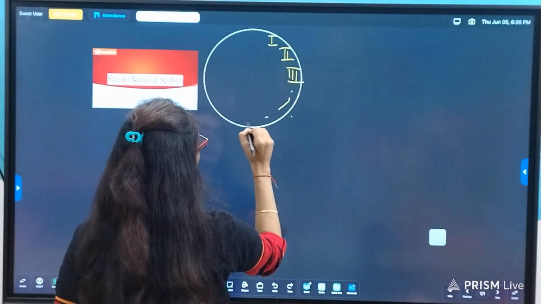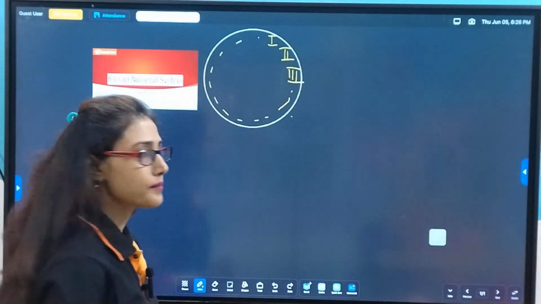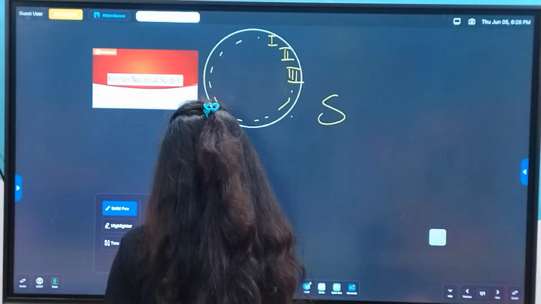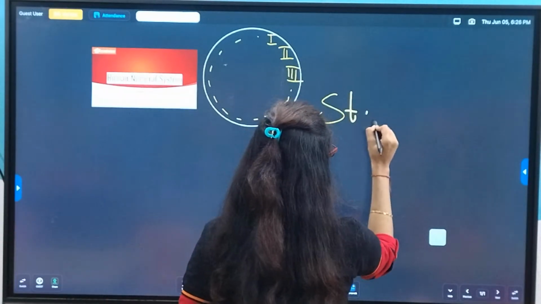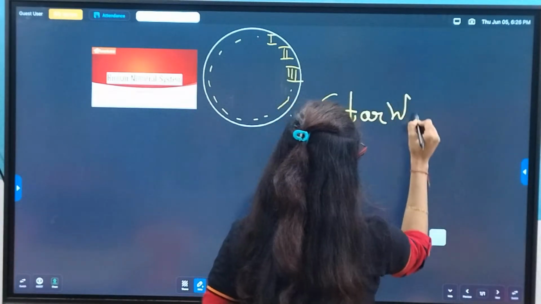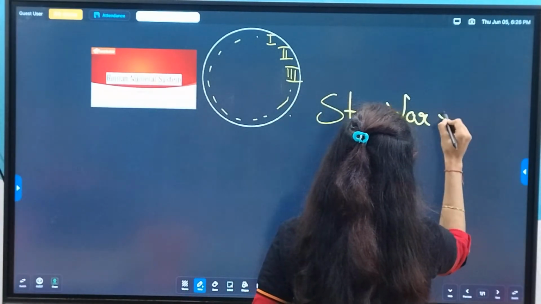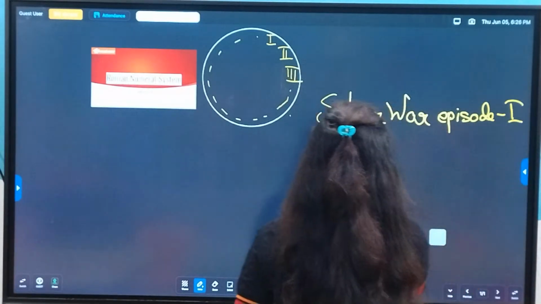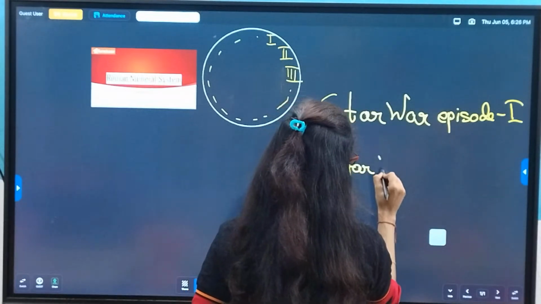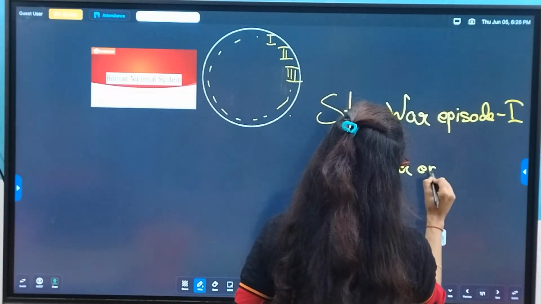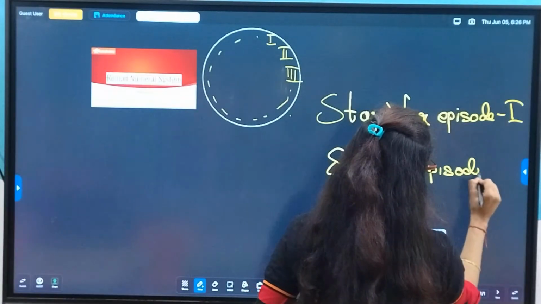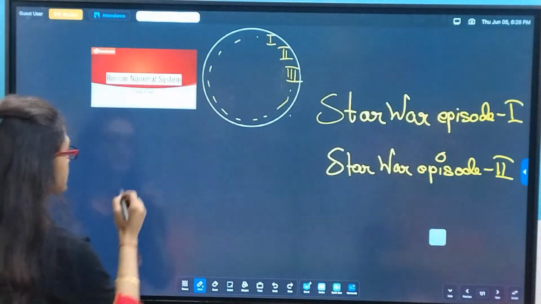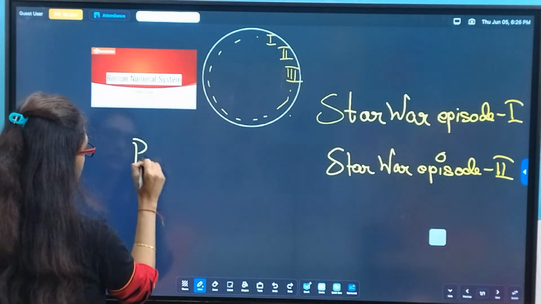Like this, so on it is going. Okay, you have heard about Star Wars. Star Wars episode 1. Star Wars episode 2. Then in South India so many movies come as Rocky Part 1, Rocky Part 2.